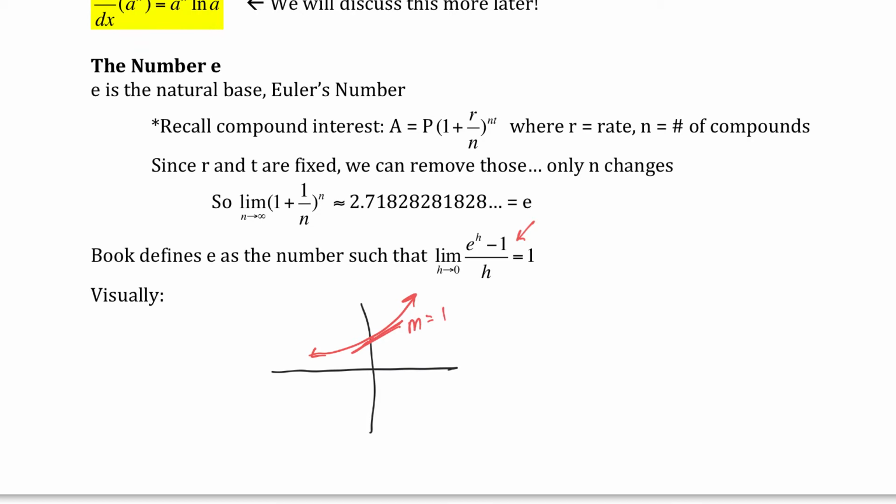So if f(x) equals e^x, then the slope of the tangent to e^x at 0 equals 1. That's visually what it's telling us.